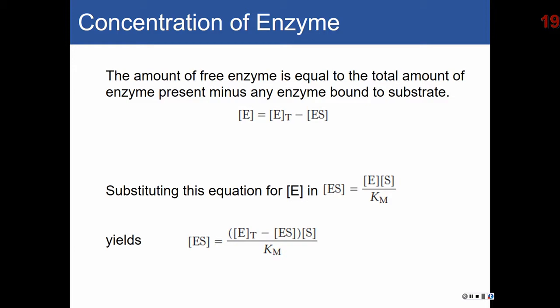So the amount of free enzyme, which is unbound enzyme, is equal to the total amount minus the concentration of what's bound to the substrate. Because remember, we never see the part that's bound to the product, because that's when we convert it and the enzyme is released. So this is the amount of enzyme that's unbound, or free enzyme.